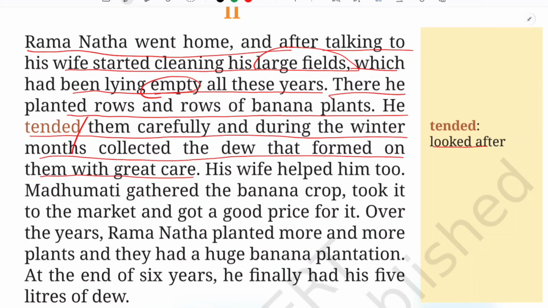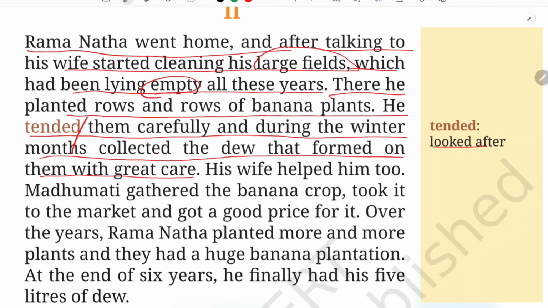Why? Because his full focus was on making the potion. The sage had told him that when you collect 5 liters of dew, bring it to me, I will chant some mantra on it, and that water will turn into a magic potion, isn't it? So with great care he started collecting all the dew.